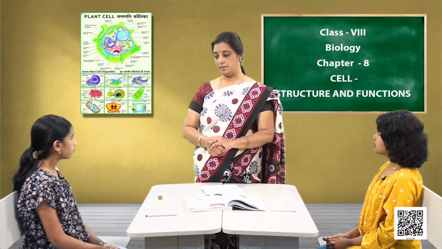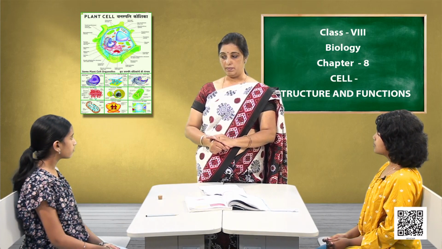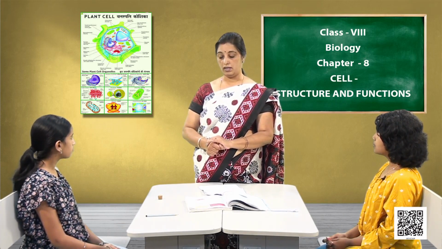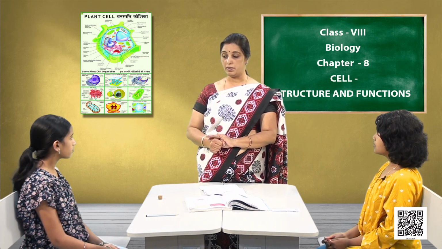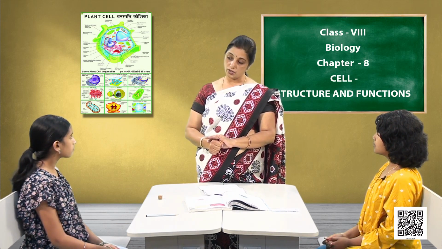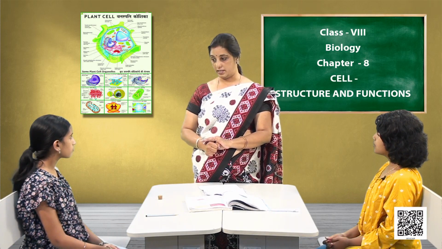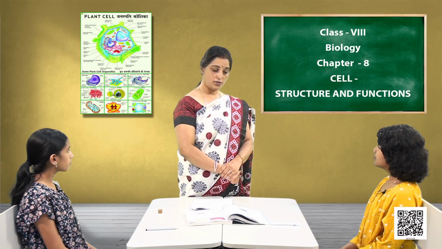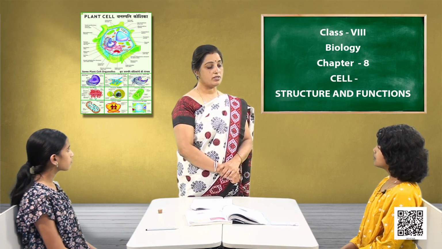Ma'am, do the trees stand tall because of this cell membrane? In case of plants, in addition to the cell membrane, there is one more membrane called the cell wall. And these cell walls are made up of cellulose, which is exclusively present in plant cells only. Ma'am, why only in plant cells? Plants have this cell wall in addition to the cell membrane because they cannot move from one place to another.